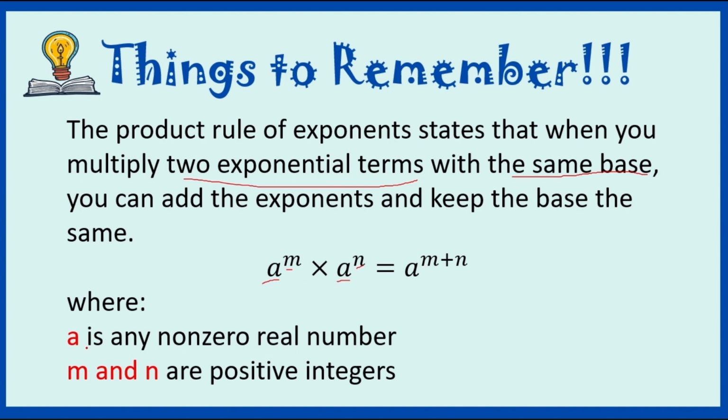Here, a is any non-zero real number, while m and n are positive integers.